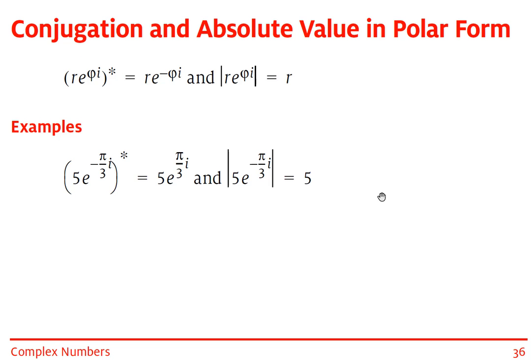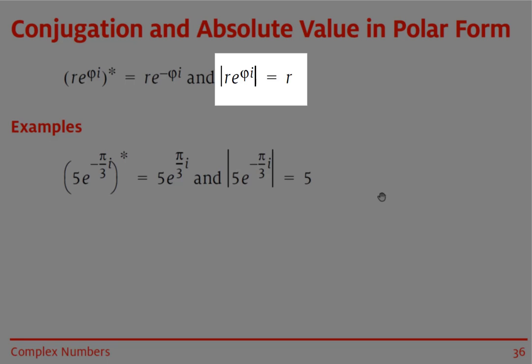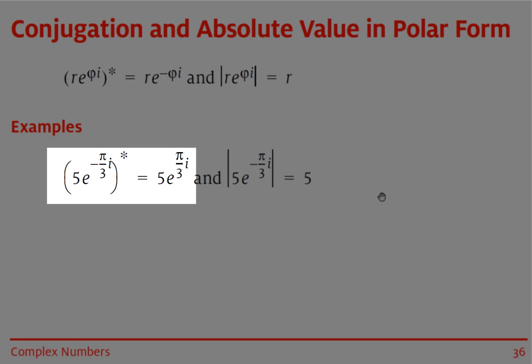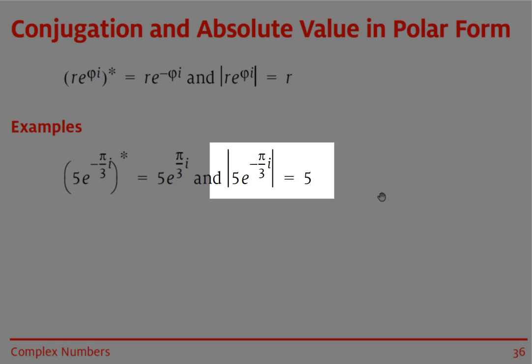And the absolute value of this number is just the factor r, the factor that is in front of the e to the power of phi i. So for example, the conjugate of the number 5e to the power of minus pi third i is 5e to the power of pi third i. And the absolute value of this number is simply 5, the factor in front of the exponent expression.